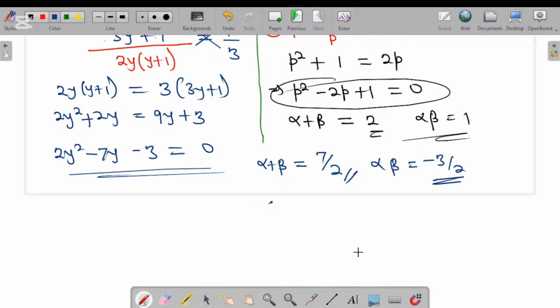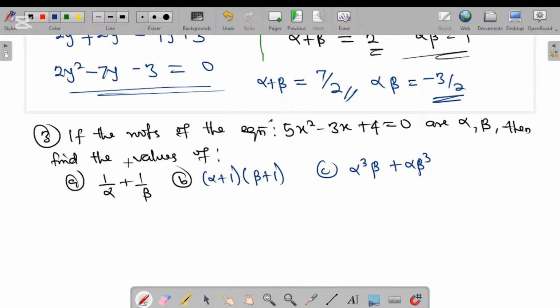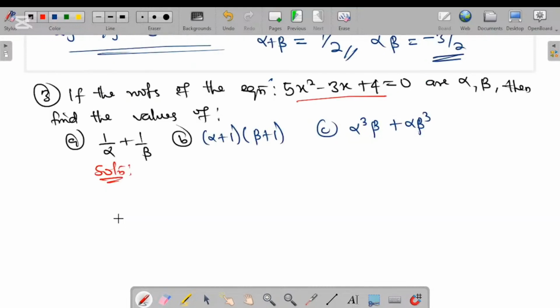So nothing serious when you come to all of this. Okay, so we will take one more example on symmetric properties of roots. It says if the roots of the equation here are given as alpha and beta, we are asked to find the value of 1 all over alpha plus 1 all over beta.